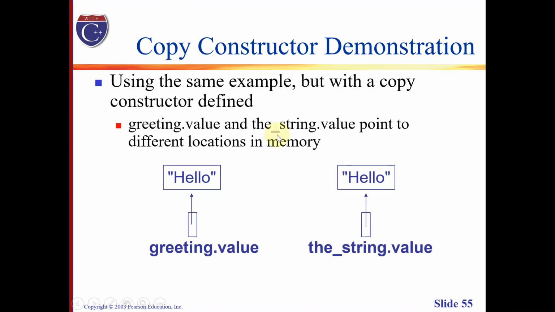Based on the same example, but with a copy constructor defined, we now have the following. As you can see here, the respective value contained by each variable points to a different location in memory.